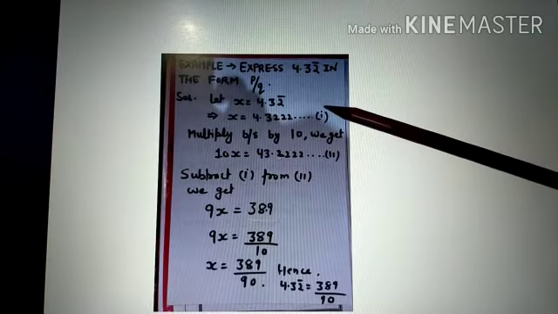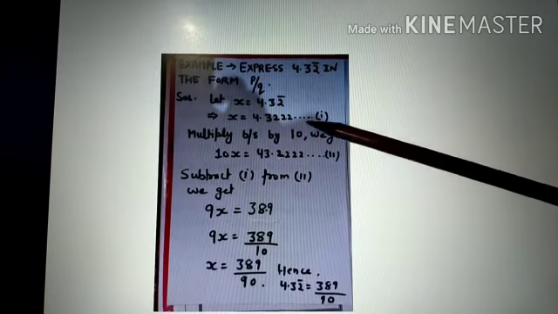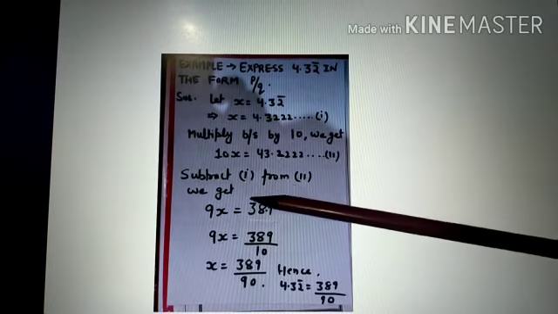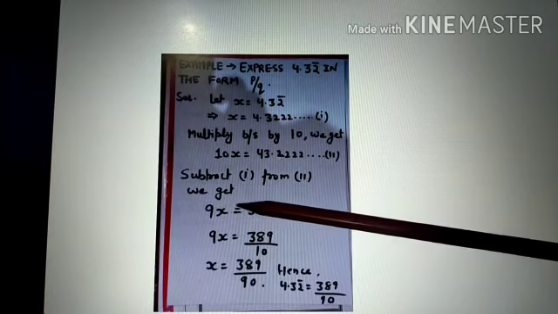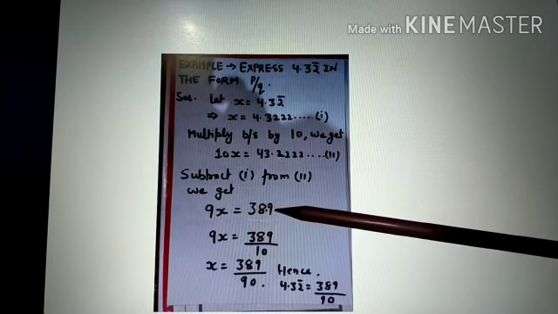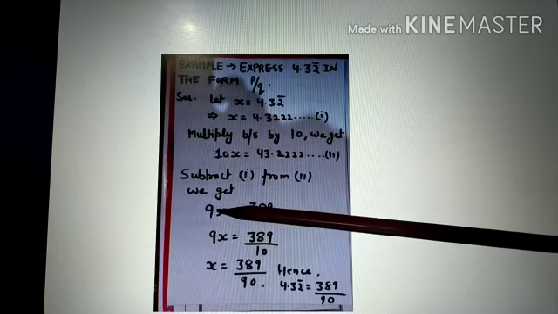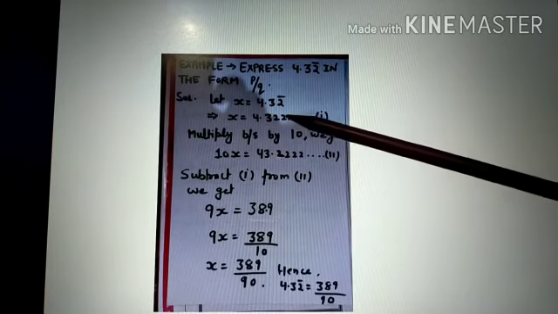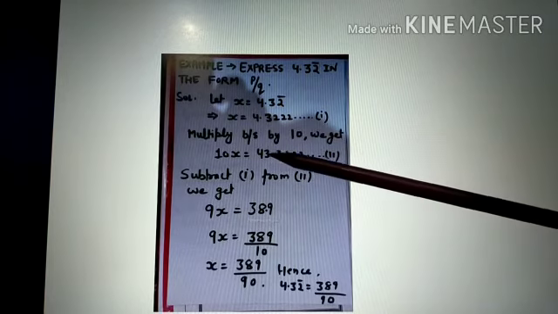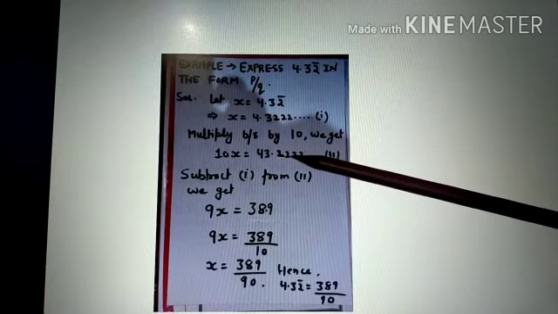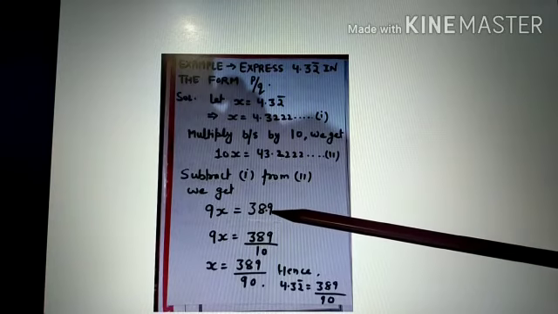Now subtract equation 1 from equation 2. We get 9x is equal to 38.9. If we subtract x from 10x, we will get 9x. If we subtract 4.3222 from 43.222, we will get 38.9.